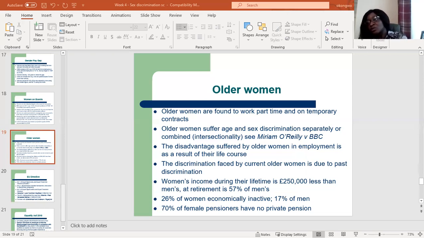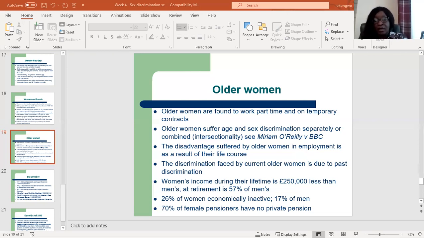So the discrimination they have faced is due to past discrimination that excluded them from the labor market, and then the caring responsibilities, which again excludes them from making pension contributions. So older women are often poorer than older men, because you find them receiving a low pension.